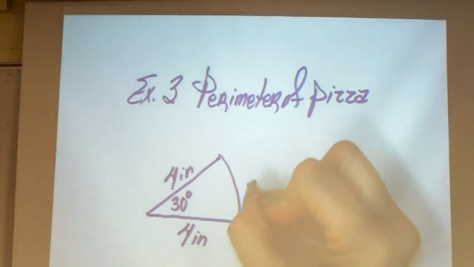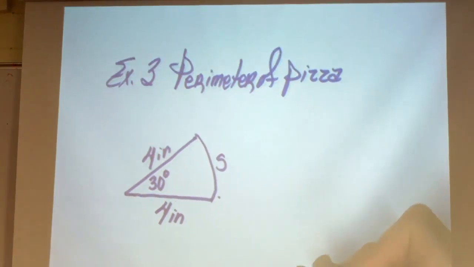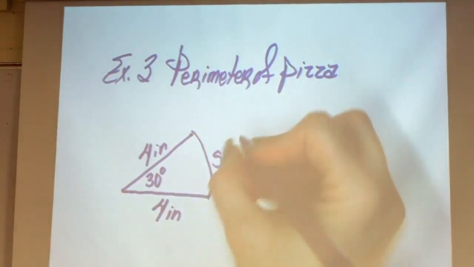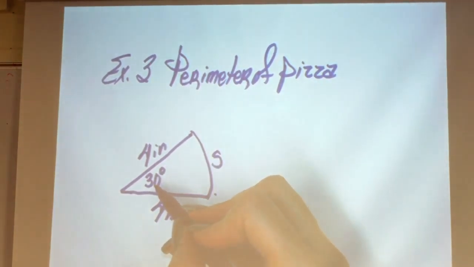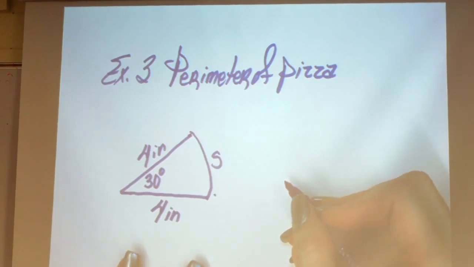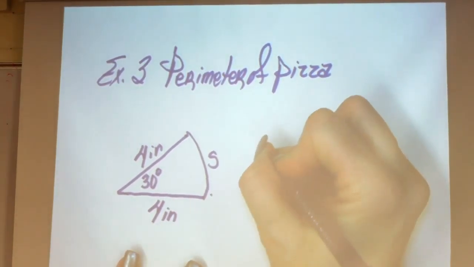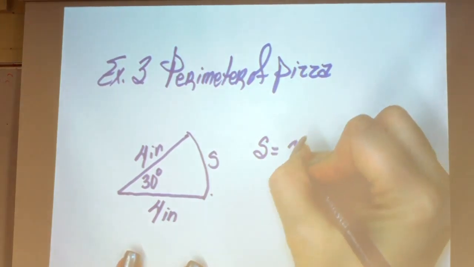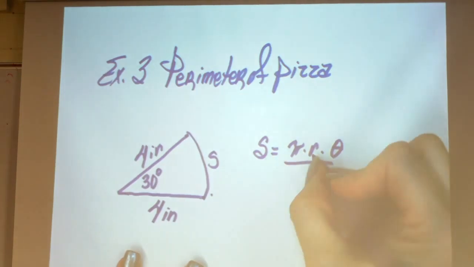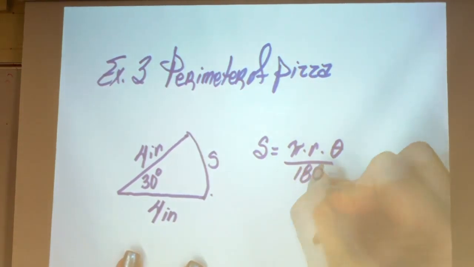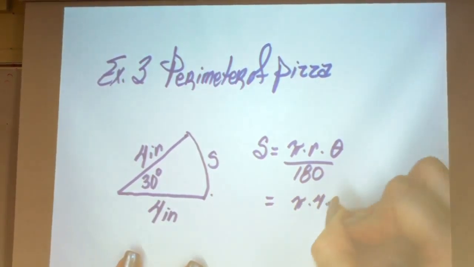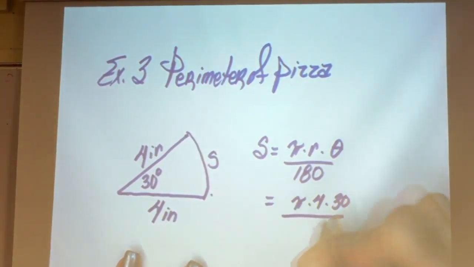Okay, so I'll have to find the length of my arc in order to find the entire perimeter of the slice of my pizza. In this case, my angle is given in degrees, so I have to use the arc length formula for theta in degrees. So my S will equal pi times the radius times theta over 180. I'll plug my information in. I'd have pi times 4 multiplied by 30 over 180.